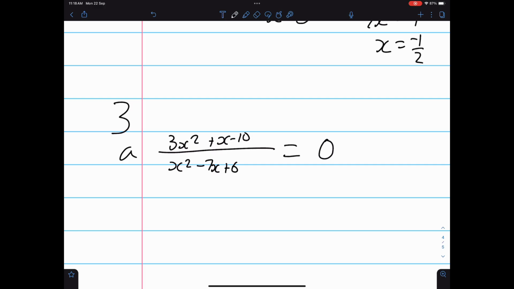And if this equals 0, it doesn't matter what x squared minus 7x plus 6 equals, because 0 divided by anything is 0. If we were to multiply both sides by x squared minus 7x plus 6, you get 3x squared plus x minus 10 equals 0. And that's exactly what we will solve.